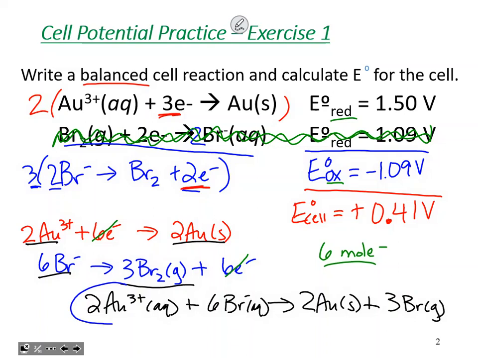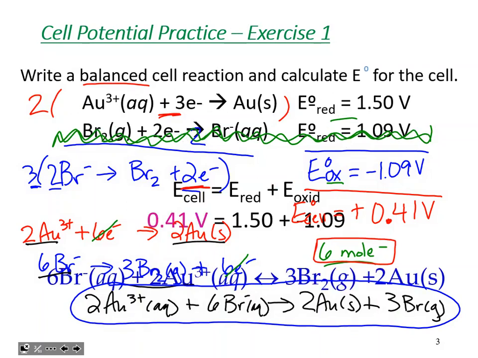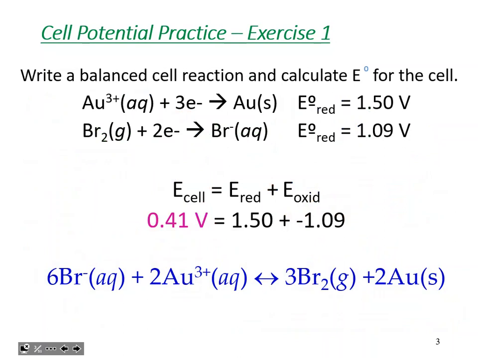Remember, redox is always balanced based off of the electrons, not of the individual elements. And actually, this reaction is showing a transfer of 6 moles of electrons. All right, we have 6 moles working this reaction. So there we have it.